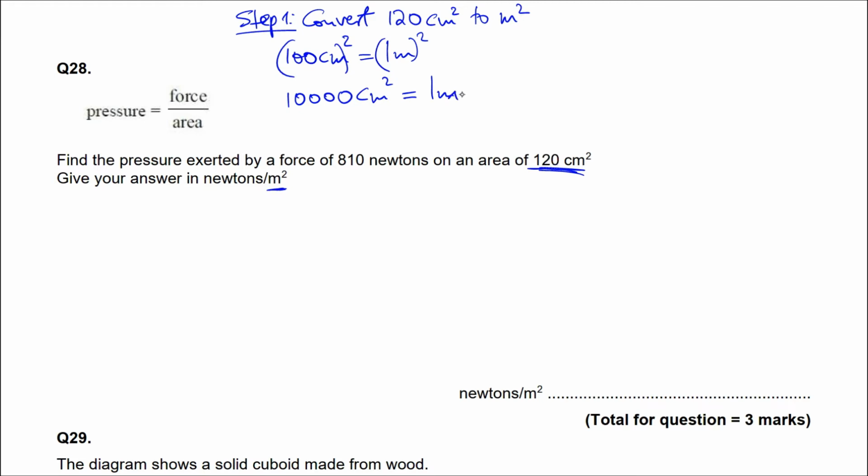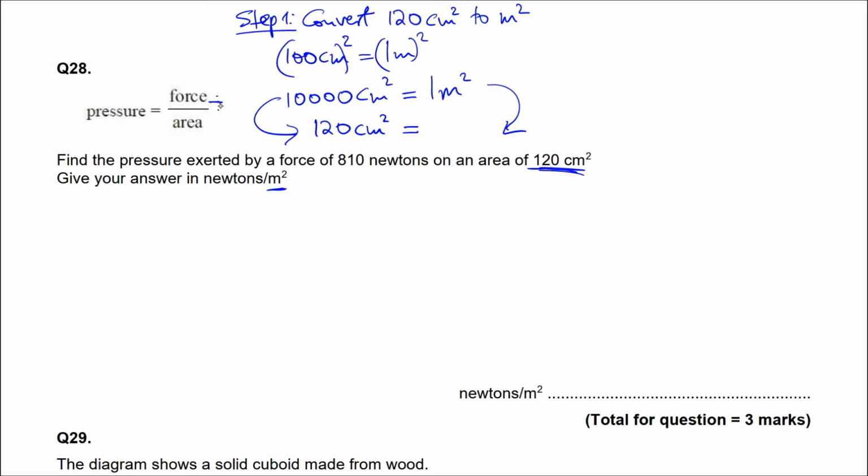So 1 meter squared. So erase that. But what we have is 120 centimeters squared, which is the other way around. Now we want to find a corresponding area to this. If you use just proportion, probably it's the easier approach.